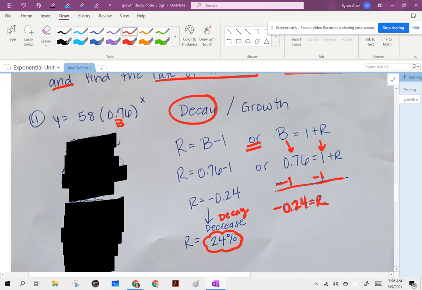Okay, so it depends on what you want to do with that, either or. Now we know the negative is going to indicate a decrease, so that's going to be a decay. And then the 0.24 in terms of a rate needs to be in percentage, so that's 24%.